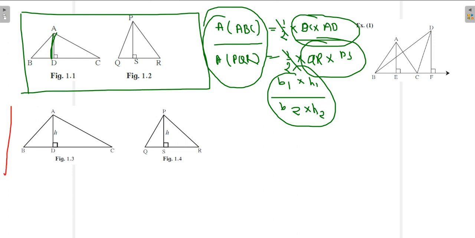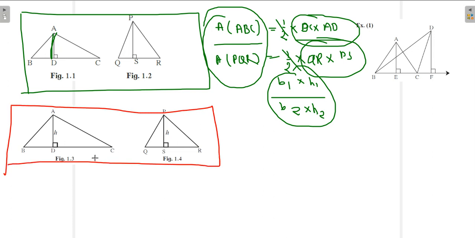Now if I look at the second diagram, you will notice that h is the height. So this h and this h are the same.